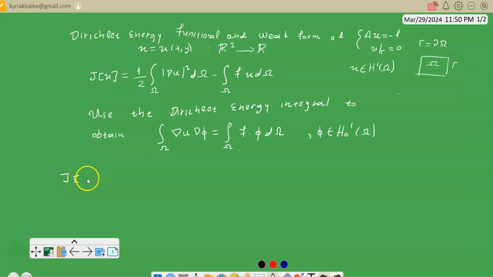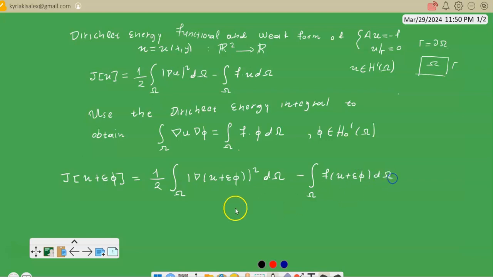We write J of u plus epsilon phi equals 1 divided by 2 integral of grad of u plus epsilon phi squared d omega minus the integral over omega of f times u plus epsilon phi d omega.